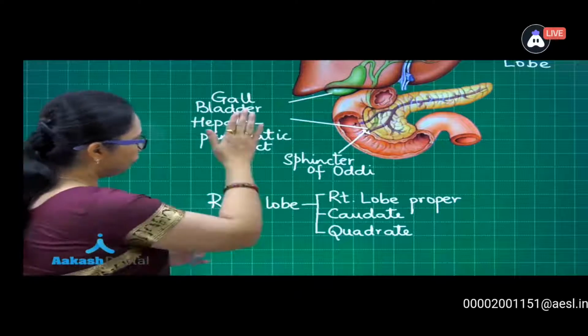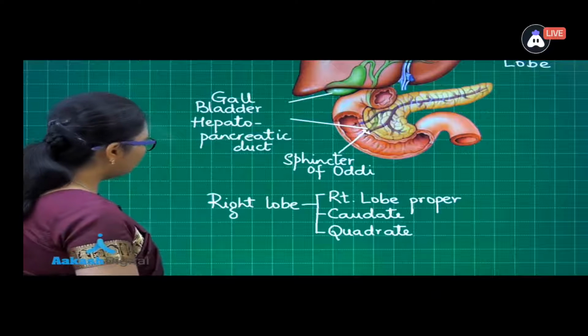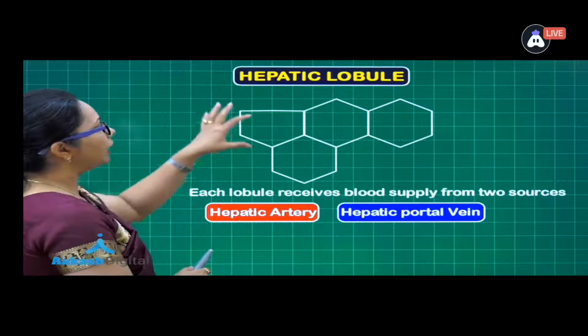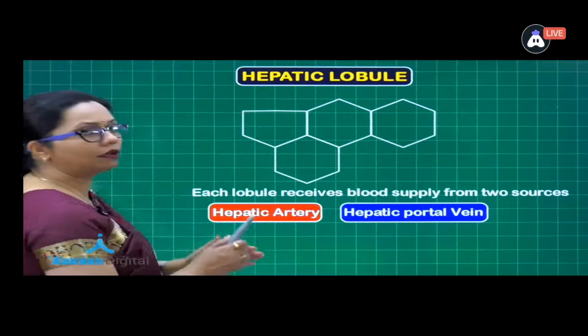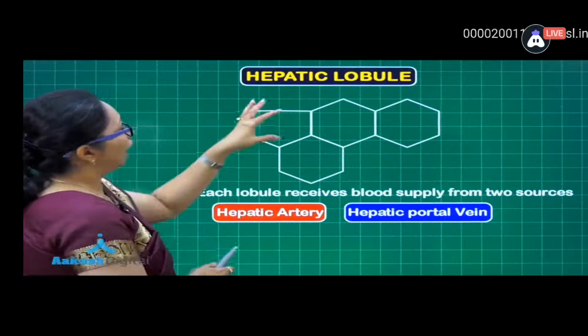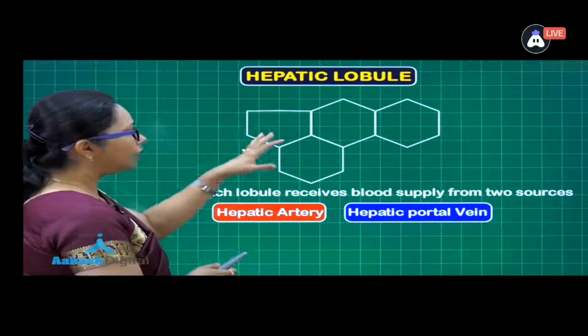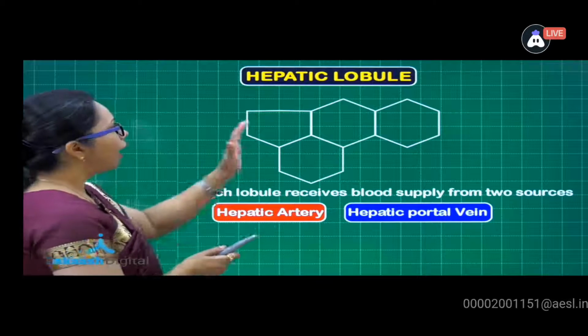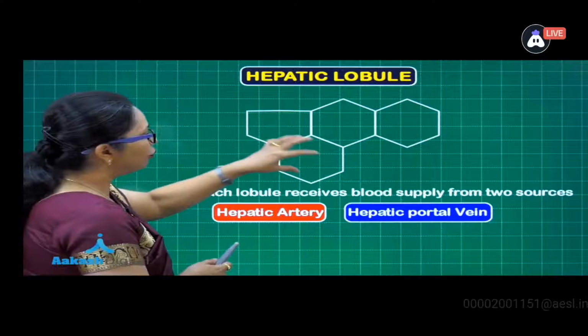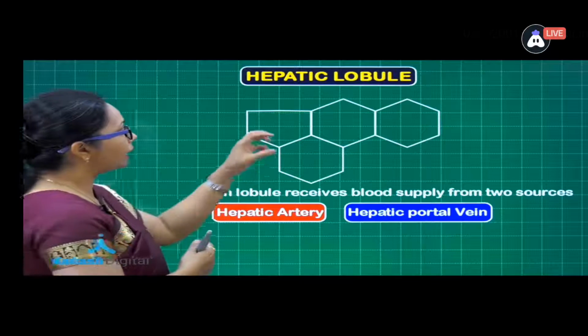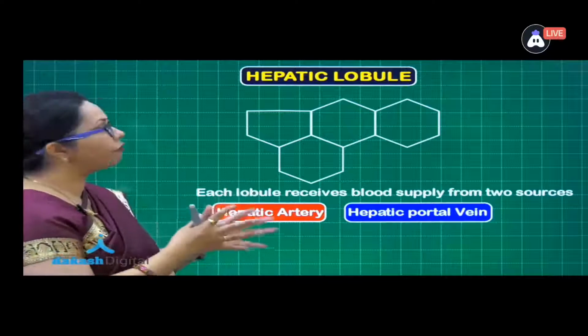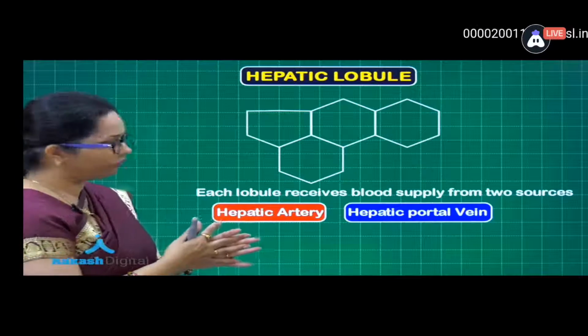Now if we take a section through the liver, we will find that there are a number of these pentagonal or hexagonal or maybe heptagonal lobules, and they are arranged like a honeycomb, and each hepatic lobule is a complete structure in itself, and it is taken as the structural and functional unit of the liver.